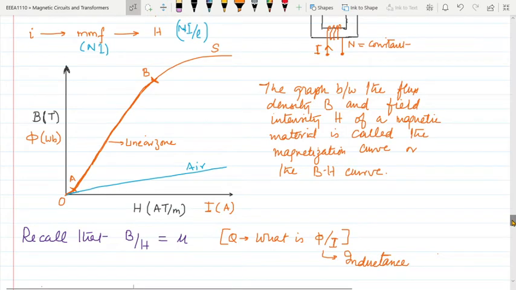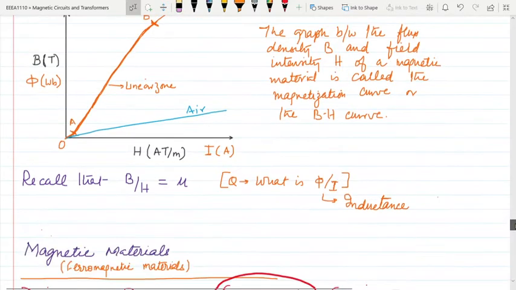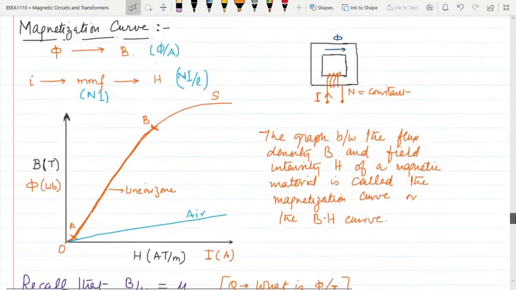We will be coming to this part later on because we will be discussing the transformers, mutual inductance and self inductance.